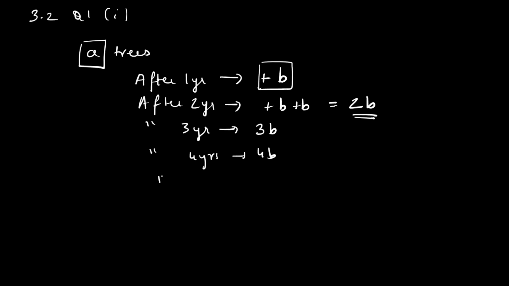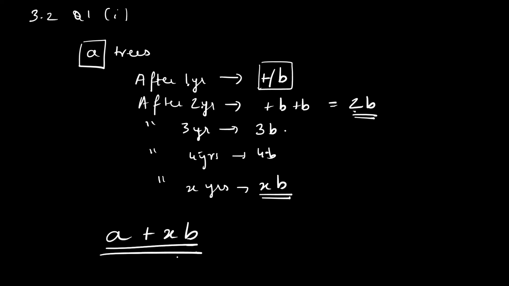But now what they are telling us, we want after x years. तो यहाँ पे देखो, जब 1 था तो 1b था, 2 years था तो 2b, 3 years 3b, 4 years 4b, x years में there will be xb extra trees. तो पहले से ही 8 trees हैं, अब ये सारे नए trees आएंगे तो प्लस xb होगा. This is how we get the expression for number of trees after x years.